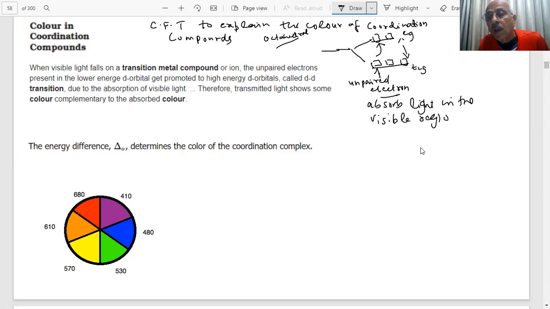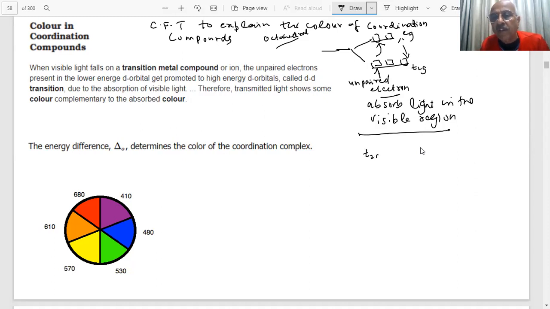And what is the result of that? The electron will be excited. When light is absorbed, the light that is transmitted or emerges does not have that absorbed light, and what we observe is the complementary color. Any unpaired electron will absorb light and get excited from T2g to Eg.